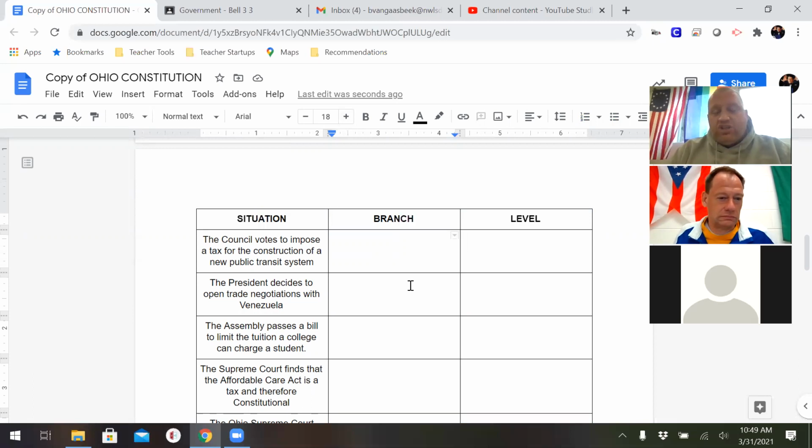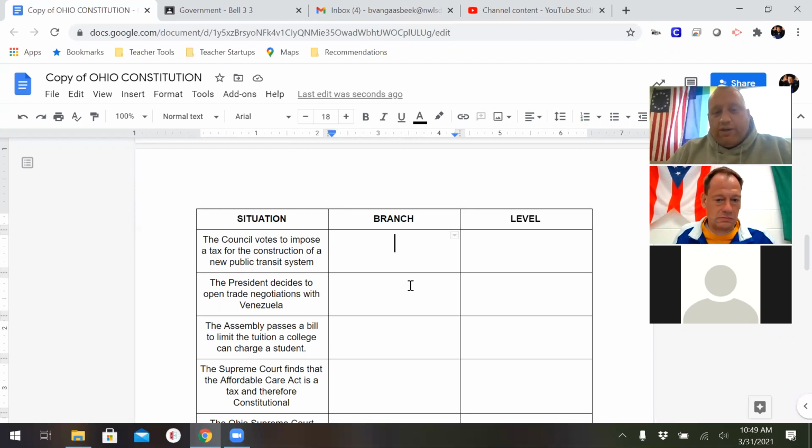All right, so the situation here is the council votes to impose a tax for the construction of a new public transit system. What branch is described here? Judicial. Is the council judicial? Probably not. It is not.